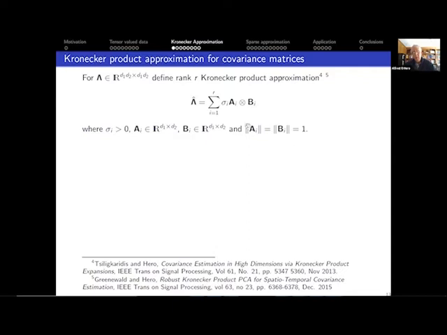has constraints that the norms of A and B are equal to 1, and the sigma I is greater than 0, where R denotes the rank, and R is less than or equal to D1 times D2. And so we consider this optimization in terms of an approximation now for a Kronecker product, where the approximation is over all matrices AI and BI of identical dimension.